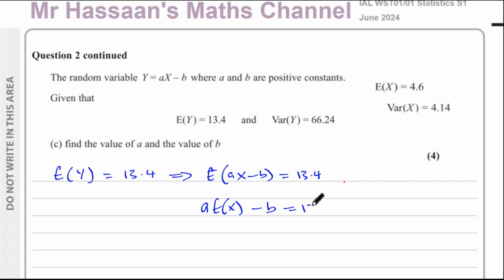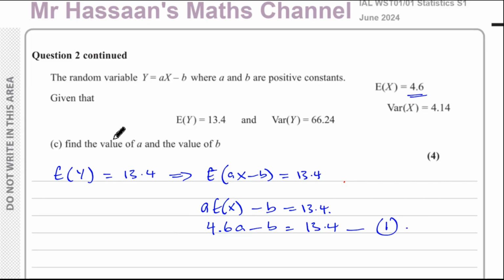So that's equal to 13.4. And we know E(X) is equal to 4.6 from what they told us earlier. So we can say that 4.6 times a minus b equals 13.4. So there's one equation that we have formed from this information.